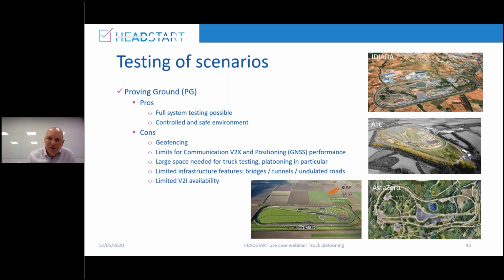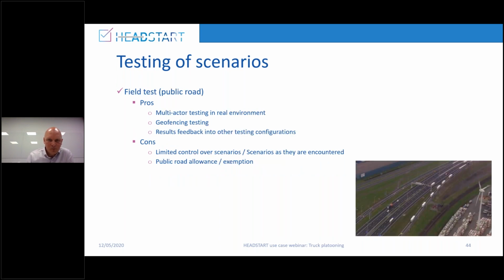In the pictures you see the 4 different test tracks that we will have available within the project to run test sessions on. So the RDW, IDIADA, ATC in Aldenhoven, and Asta Zero in Sweden. So those were all in a very controlled environment.